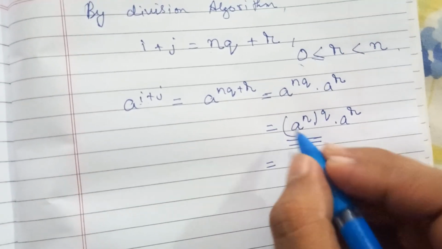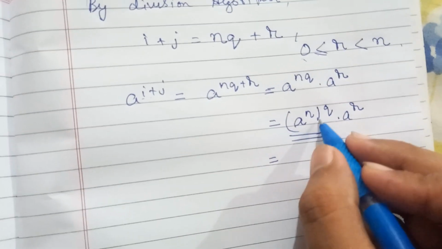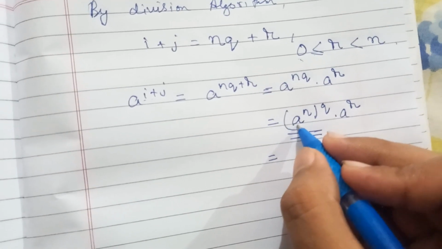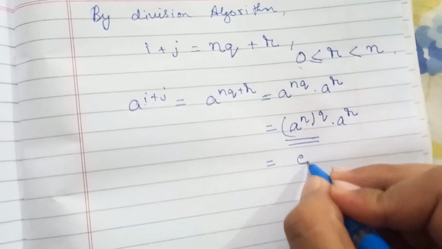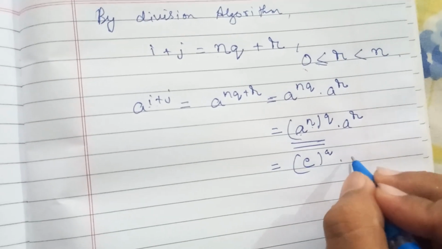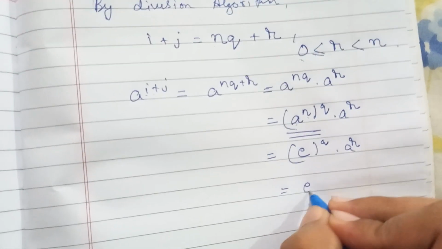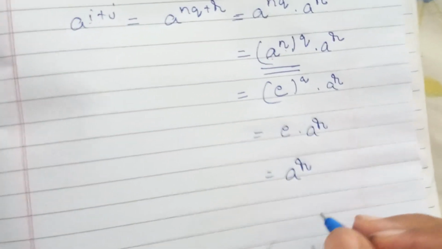We are left with this. Since the order of a is n, we can write a to the power n equal to the identity, and any power of the identity element is the identity itself. So we are left with a to the power r.